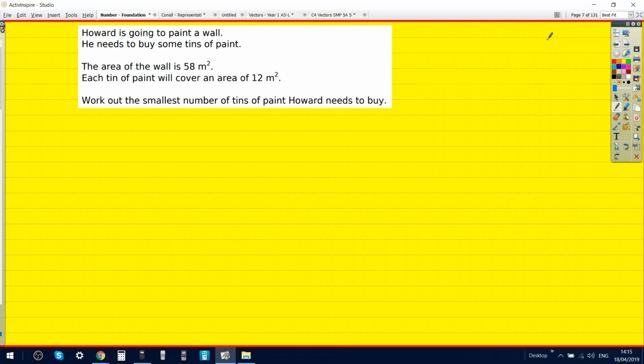How about this one? I was going to paint the wall. Area of the wall is 58 squared. Work out the smallest number of tins he needs to buy.